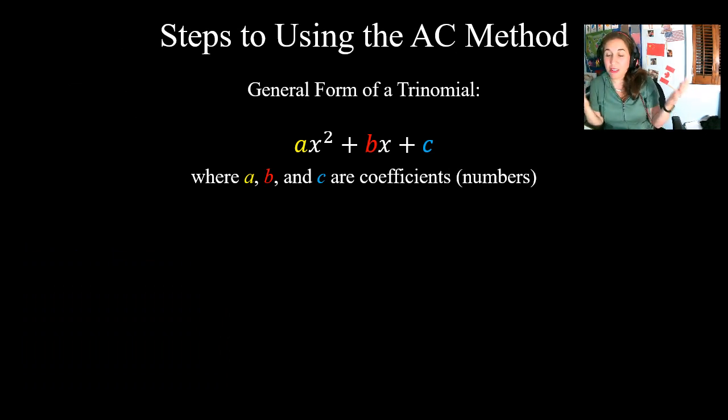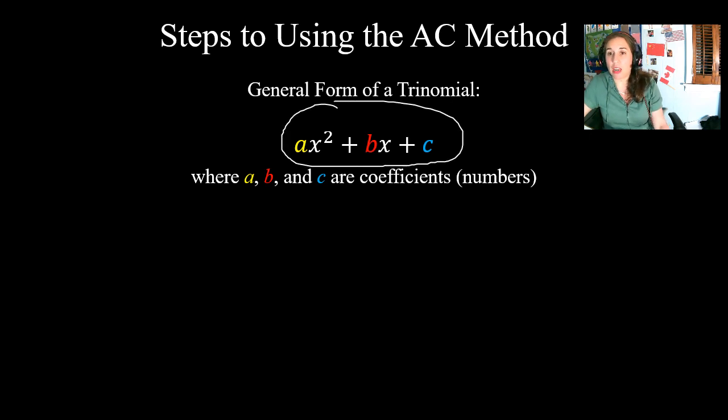So how do we use the AC method? What are the steps? It's important to understand that when we're dealing with a trinomial, a 3-term polynomial, we as mathematicians write it like this. This is the general form of a trinomial: ax squared plus bx plus c. A, b, and c are our coefficients, our numbers.